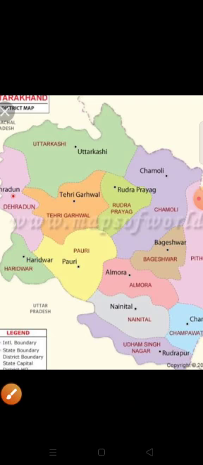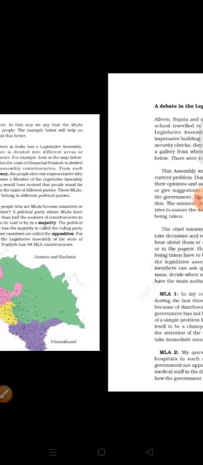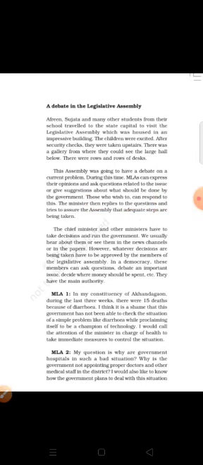So now we learn about the opposition leader. We know about that, and leader of opposition. Now the debate in the legislative assemblies. If you daily listen to the news, watch TV and read the newspaper, such types of activities you can easily find there.